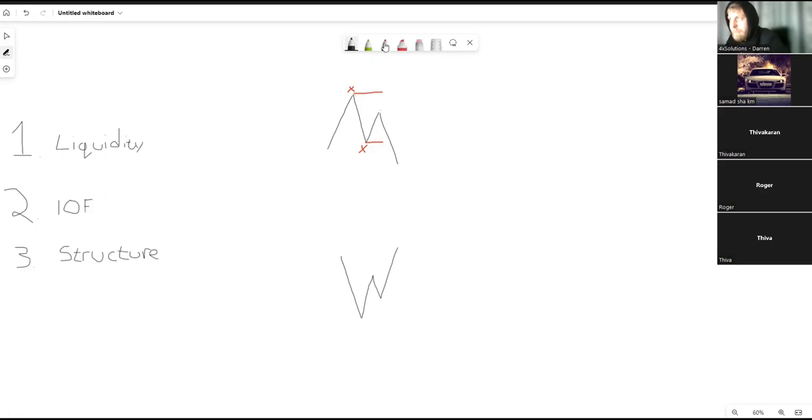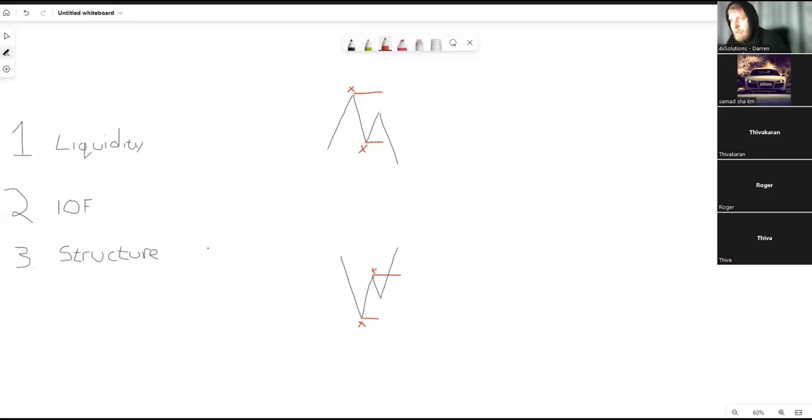So it is symmetrical because both of them have created some kind of mitigation. There doesn't have to be SMT over here and over here for this to work. We just have to get a mitigation, and we have one. So now our structure element has changed.